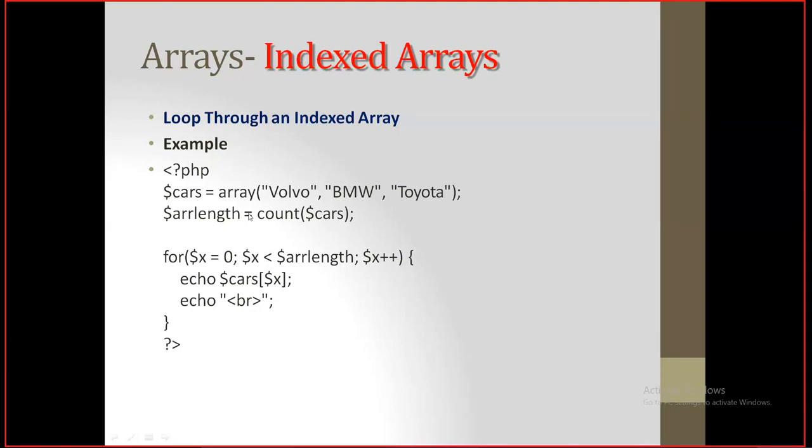So again, for that we need to know the length of the array in order to define the terminating condition for the for loop. So we use the count function and we get the length of the array, and we use the length in the terminating condition, right?